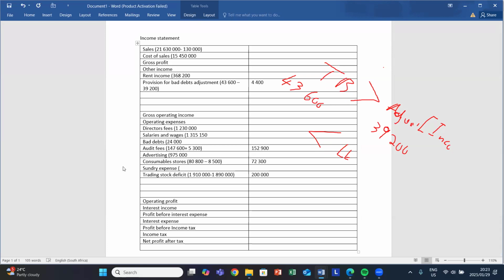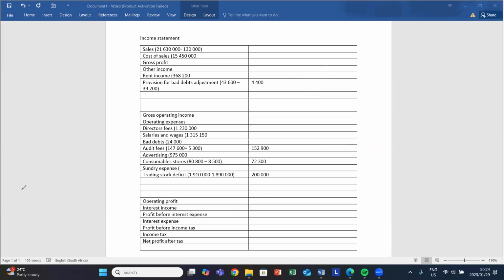Yes, I do. So does it mean that if it's an expense, I will have to add the amount back? It's still minus. Remember that I said you only record the difference.